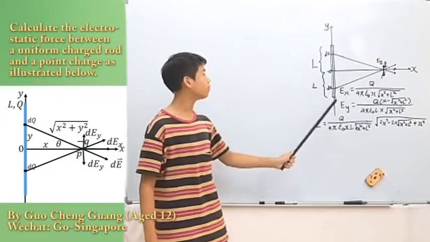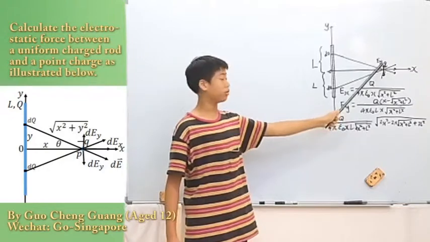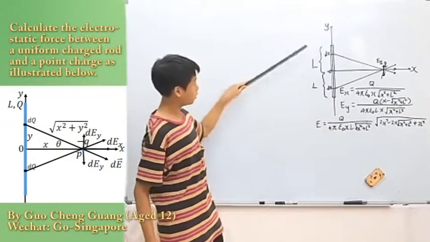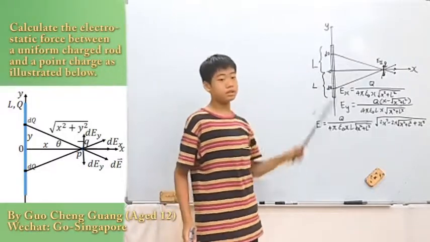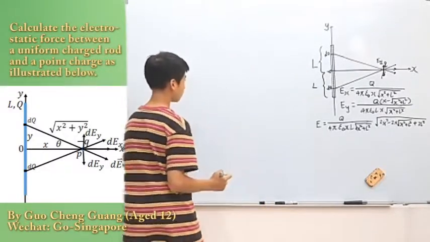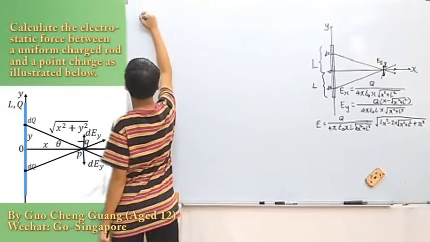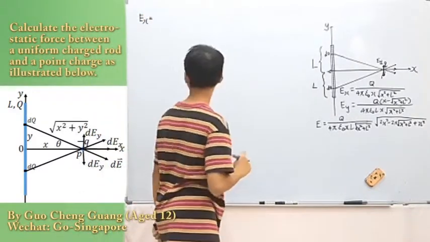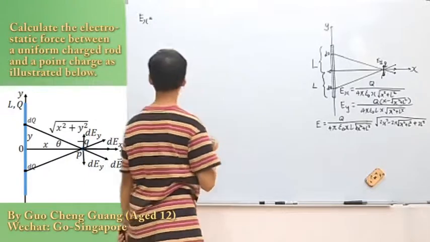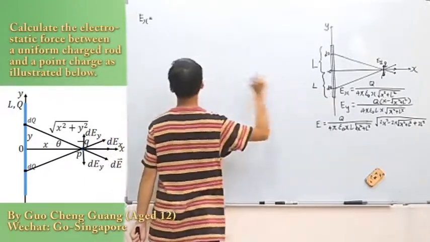For the x component, since both are in the same direction and same value, they just double. So the total Ex will be times 2.